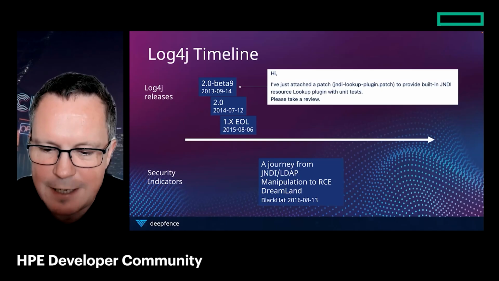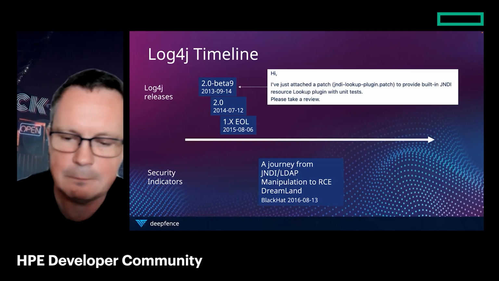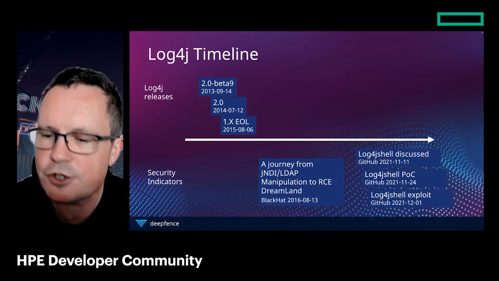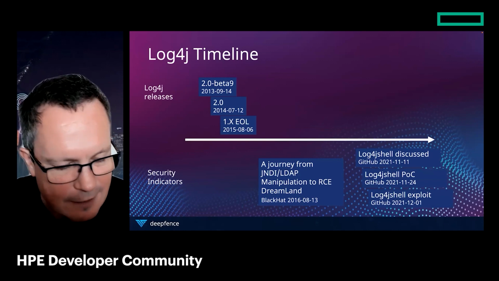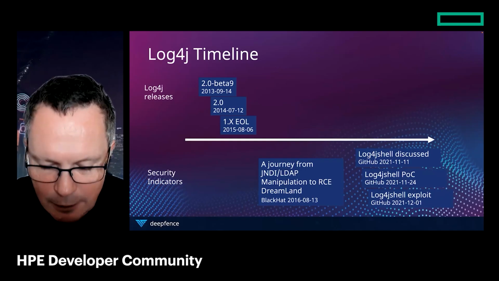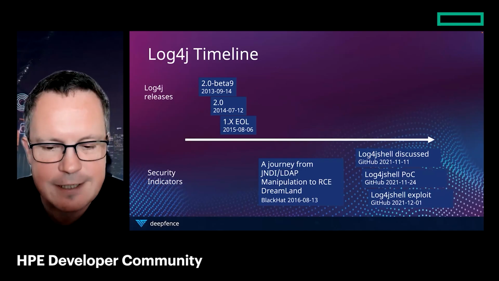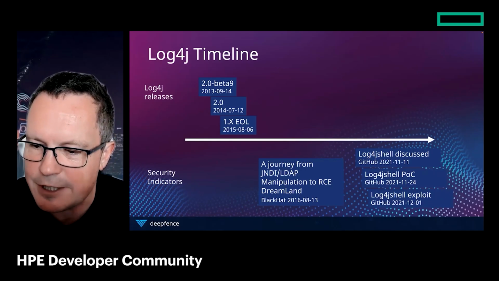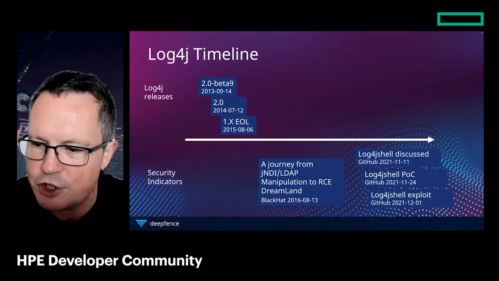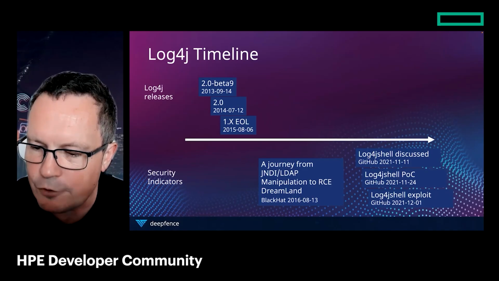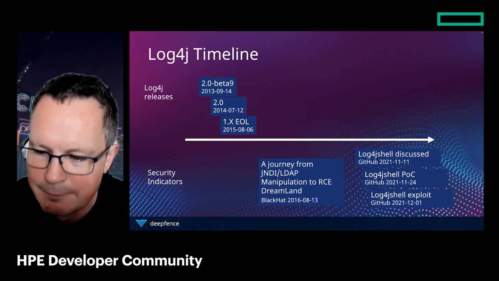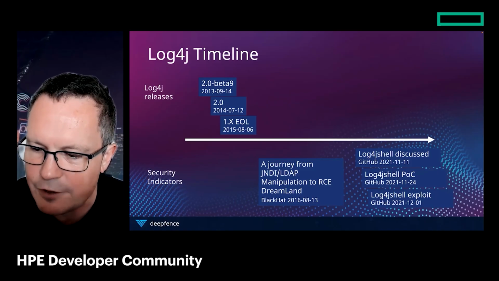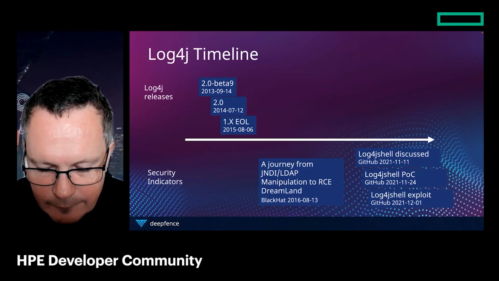This was first speculated about in 2016, and it really took speed late in 2021, early November 2021, where a thread on GitHub postulated that an attack could exploit this functionality, an attack that came to be known as Log4j shell. Proof of concept was shared in late November of last year, and the very first exploit was seen in production a week after that.